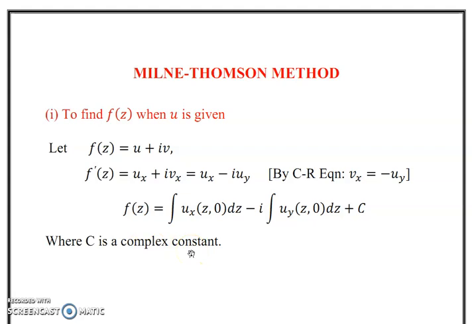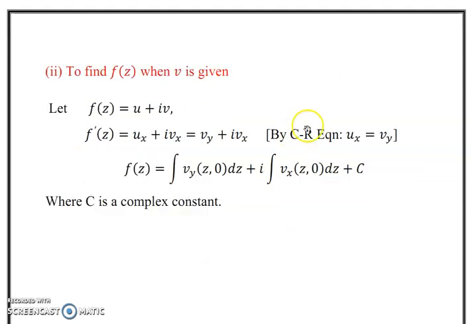The second one, if the imaginary part v is given, how to find the f of z? Here f of z is u plus iv, then take the derivative with respect to x, f dash of z is ux plus ivx. Here v is given, so you want to change the equation in terms of v by using the CR equation.